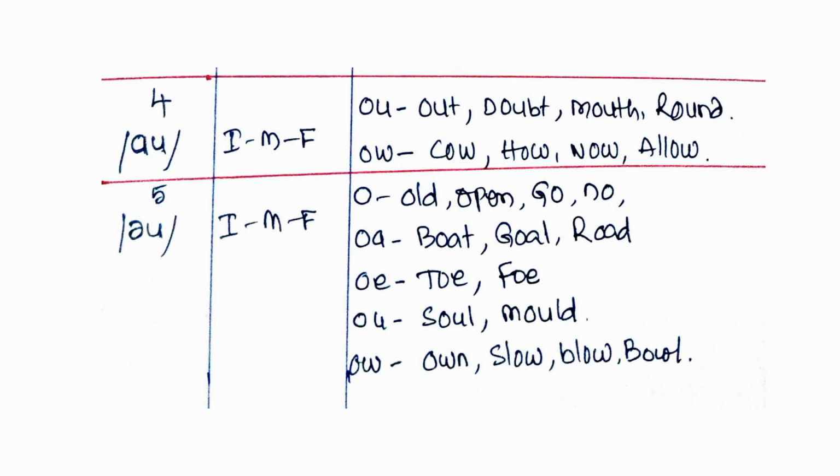ALLOW, allow, allow me, like this. Okay, note down the examples. You can write some more words like this. Please note down.